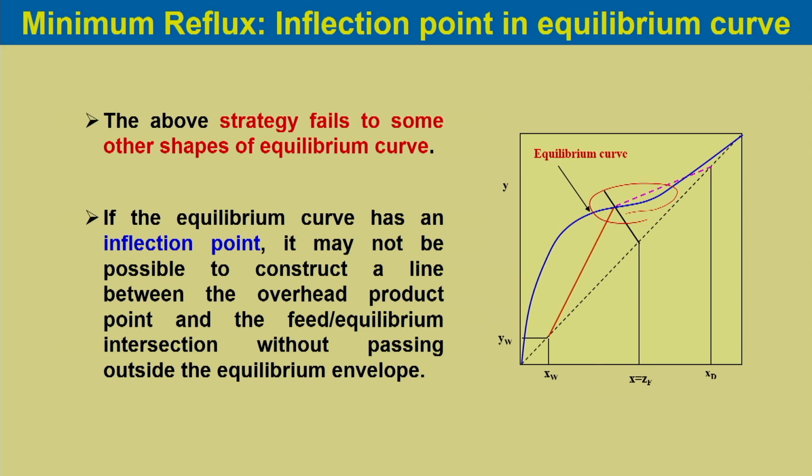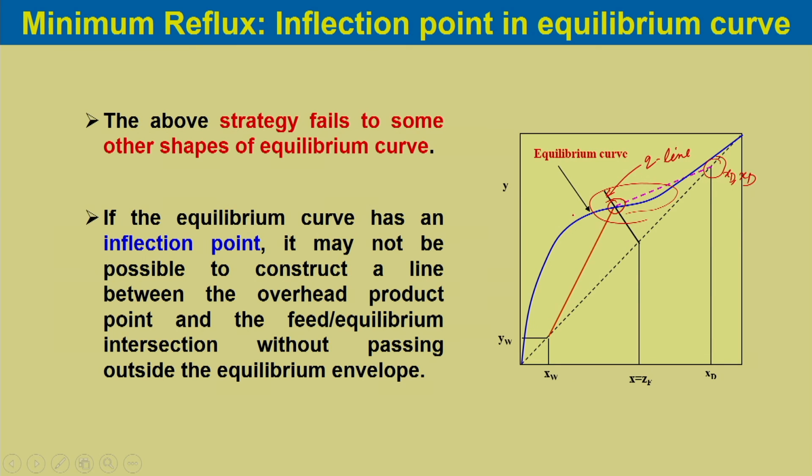In this case, if there is an inflection point on the equilibrium curve, it may not be possible to construct a line between the overhead product point and the feed or equilibrium intersection without passing outside the equilibrium curve. You can see this is the point D, which is at XD, and this is the feed line or Q line shown over here, and the Q line intercepts the equilibrium curve at this location.